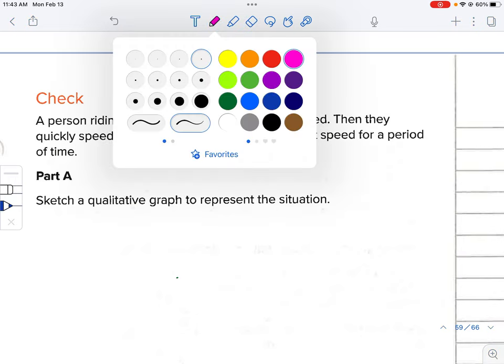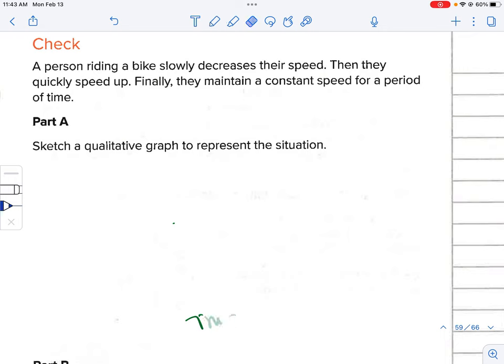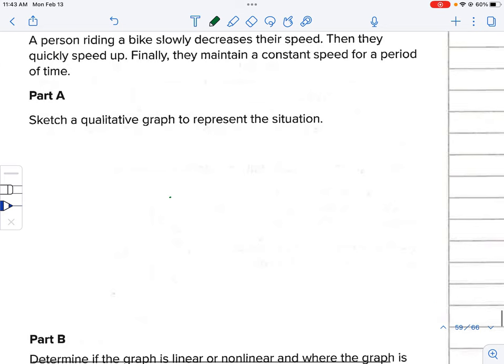Okay, let's change colors. We'll go here. It says a person is riding a bike, slowly decreases their speed, then they quickly speed up. Finally, they maintain a constant speed for a period of time. First of all, I need to draw my graph. Okay, and we're talking about time. It doesn't say what kind of time.